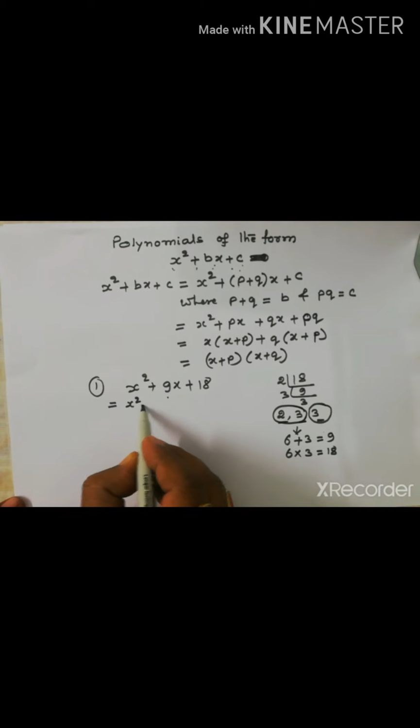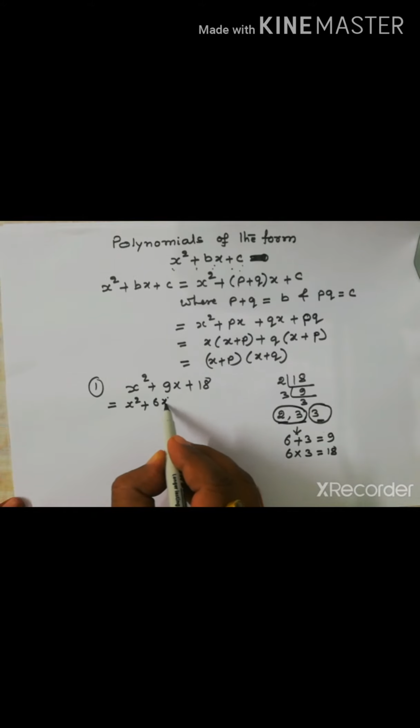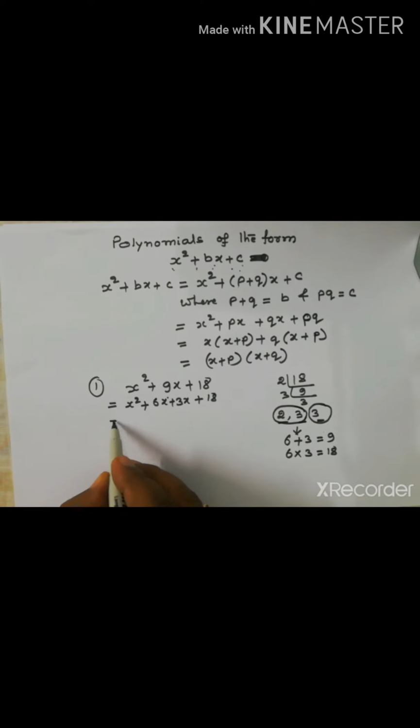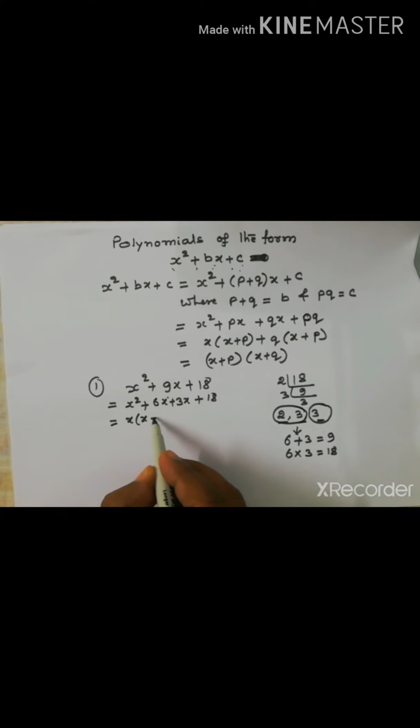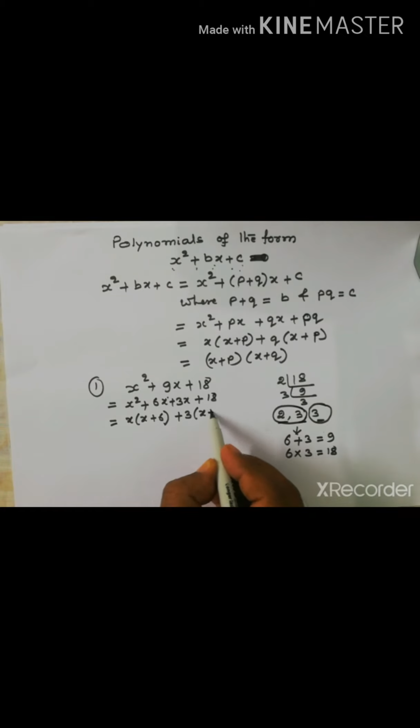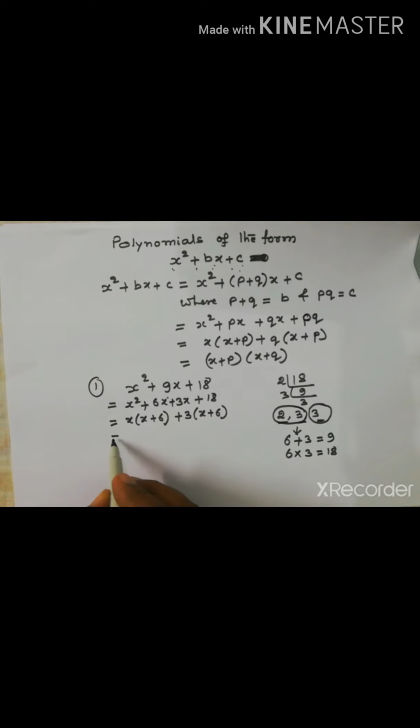So x square plus 9x can be written as 6x plus 3x plus 18, which is equal to x common, x plus 6, plus 3 common. Here also we have x plus 6, and in both the terms x plus 6 is common, so x plus 3 will be left. So these are the factors of the polynomial x square plus 9x plus 18.